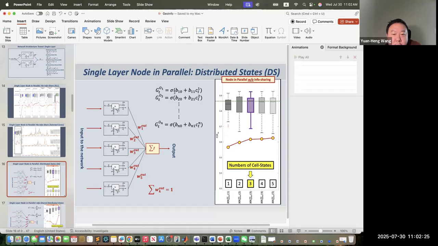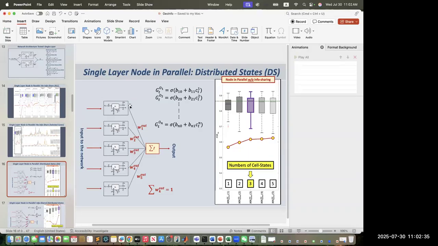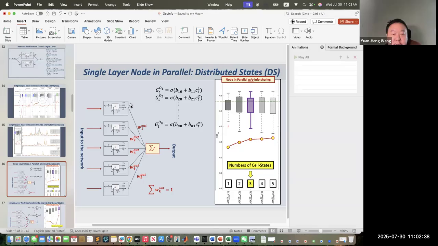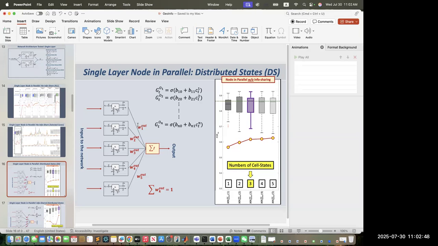So you define a gate, a sigmoid of a bias term plus a weight times the cell state, in the first node. Then you release your water: the cell state times the gate value determines how much water outflow comes from the first node, and then you times the weight W1 out here, and you do the same for the second, third, fourth, and fifth.